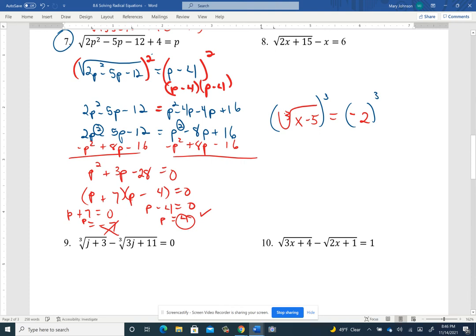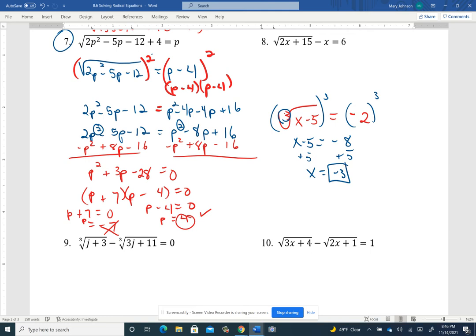You still would want to isolate the root, which it was. Then, because it's a 3, I'd raise things to the third power. I'd get x minus 5 equals negative 8. I'd add 5 to both sides, and I'd wind up with x equaling negative 3. And that'll be my answer.